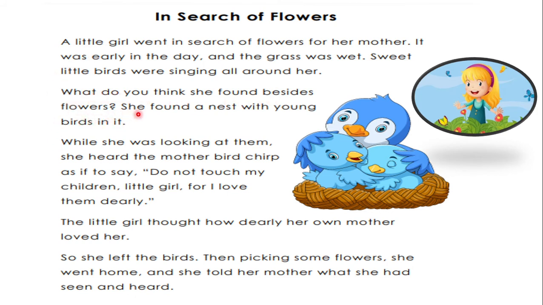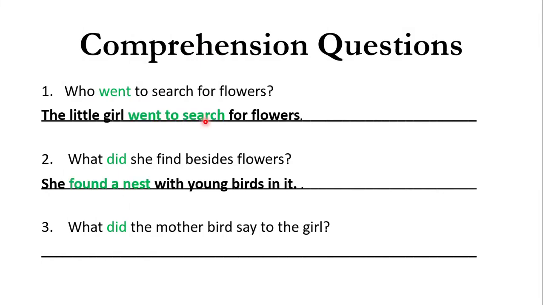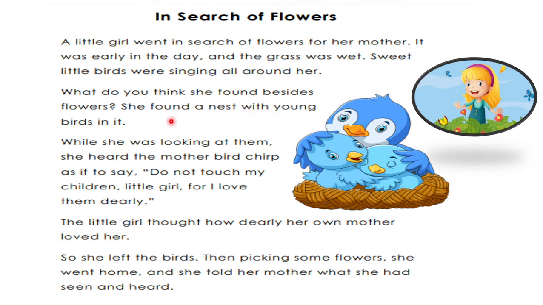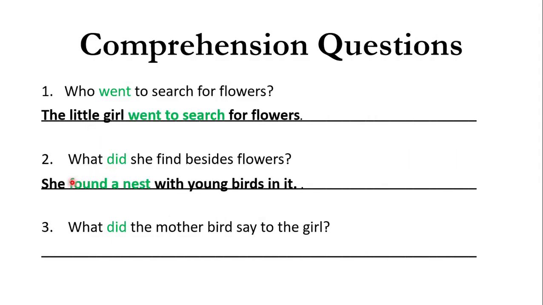She found a nest with young birds in it. So this is what she found. I'm gonna write it exactly as it is written in the passage. She found a nest with young birds in it. Why did I write found, not find? Because the question is in the past tense.